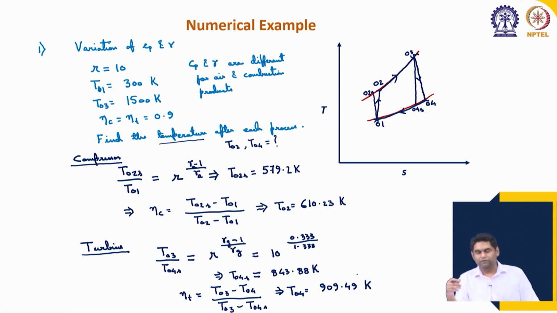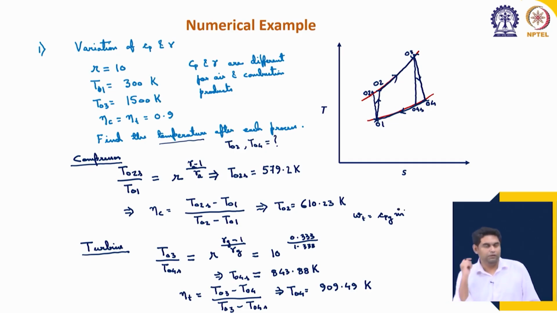Now, if we had further proceeded with this problem, we have found the temperature, so this problem is solved, but if we wanted to find the work output from the turbine, in that case we will need to use the Cp of gas for calculating. So, the work output from the turbine Wt will be Cp of gas, which is 1.148, into mass flow rate.